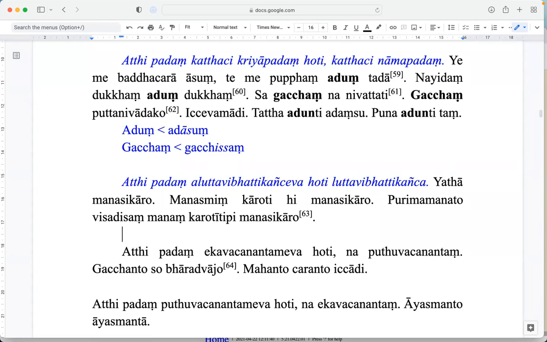I think the jivaja is not either or, but not only, but also. So the same word can be both, alutta and lutta, as well as. Yes, okay, thank you.